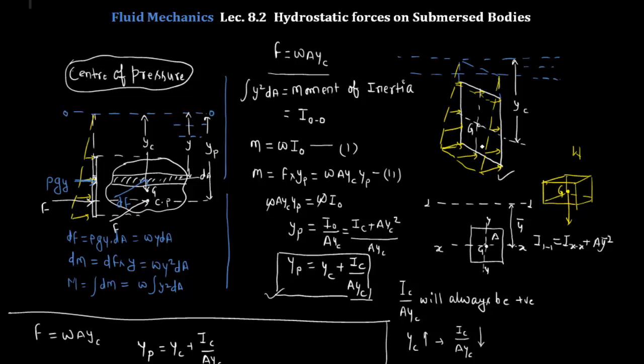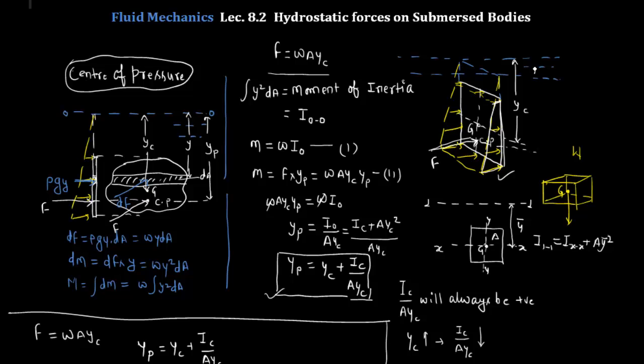So obviously in this case, the center of pressure will be the center of gravity of this trapezium. Okay, and the total force will act over here at this center of pressure.